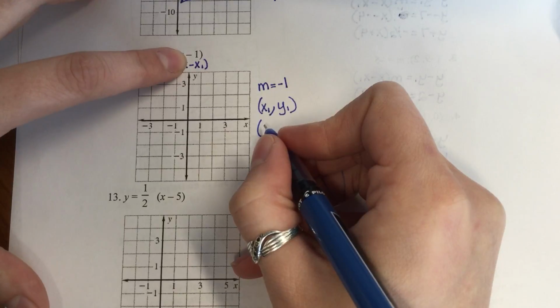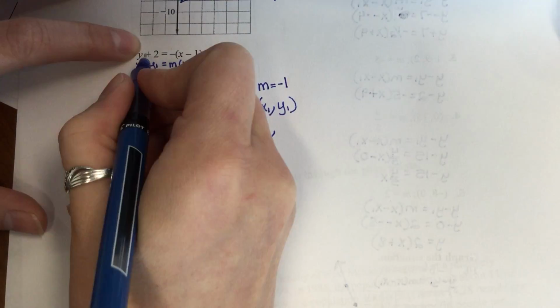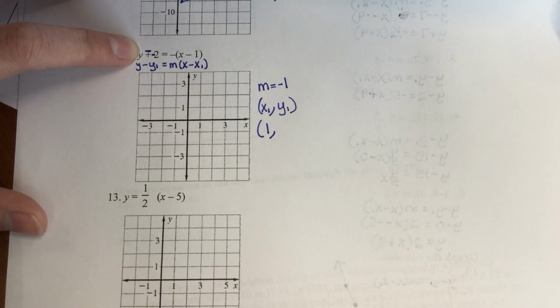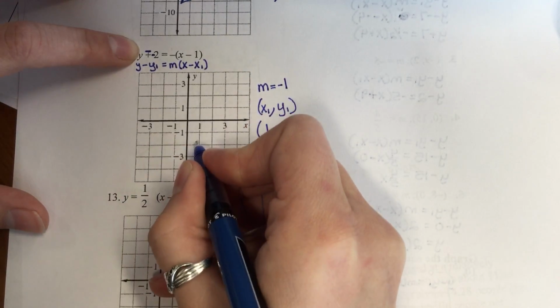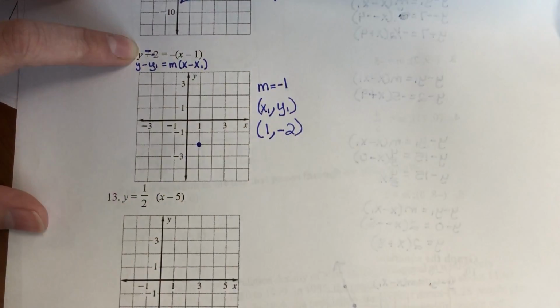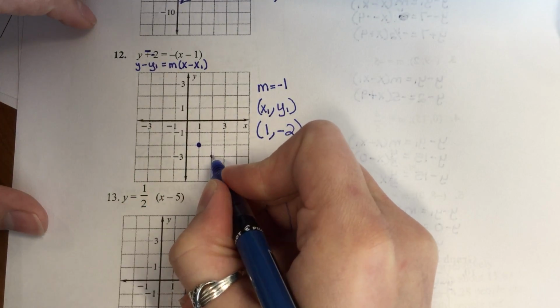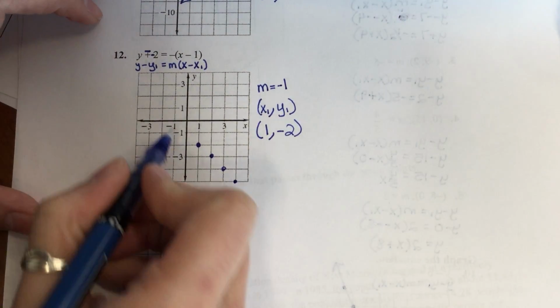Careful, the negative's part of the equation, so we just take the number of 1. Okay, in order for that to be a negative, we would be subtracting a negative. So it's negative 2. 1, negative 2. Yay, a graph that's actually going by 1's. Okay, then we go down 1, forward 1, down 1, forward 1, down 1, forward 1. Yay!